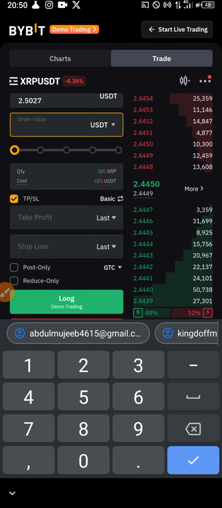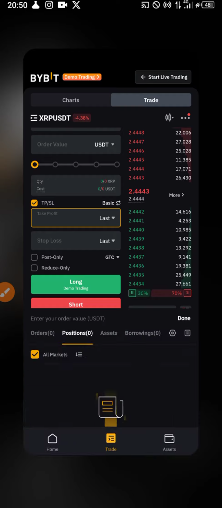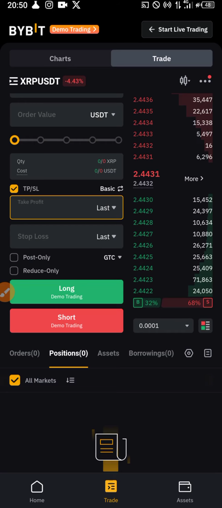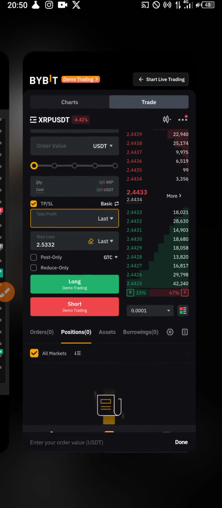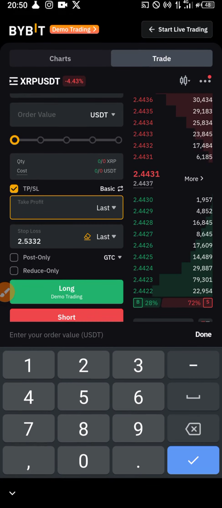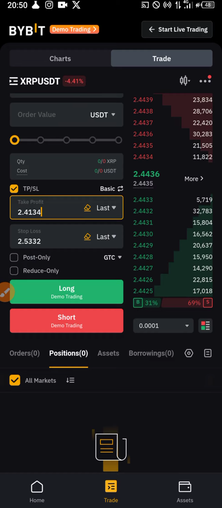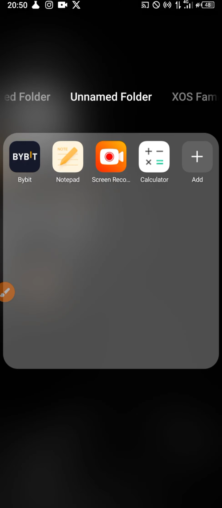Let's select our TP and SL first. Remember the one written in red is our SL, 2.5332. And our take profit, let's check it. Our take profit is 2.4134.